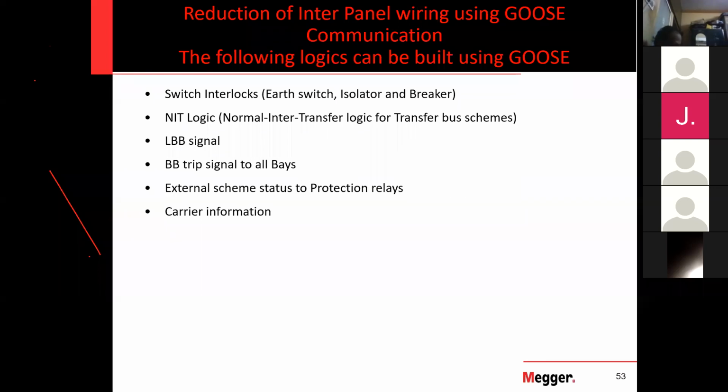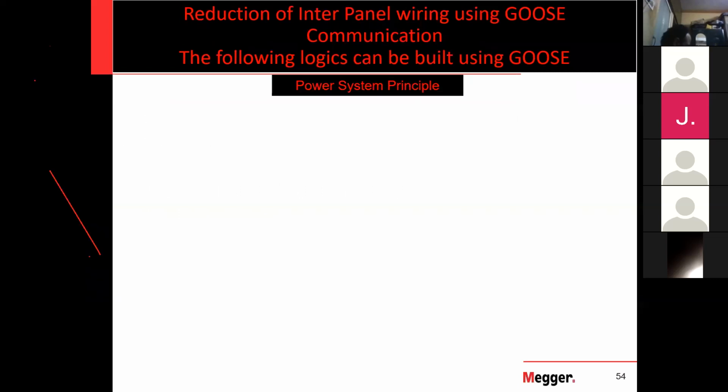NIT logic: normal, inter, transfer. These kinds of logic we discuss in detail in double bus bar schemes or two main one transfer schemes. LBB, local breaker backup, bus bar trip signals. These are some examples. When we go deep into the protection syllabus, all these things are very interesting applications. Of course, this is not the main agenda. Now we are just trying to understand what inter-panel wiring is.